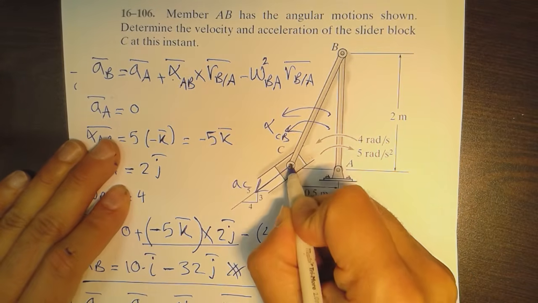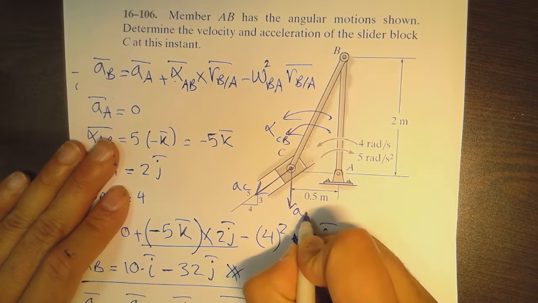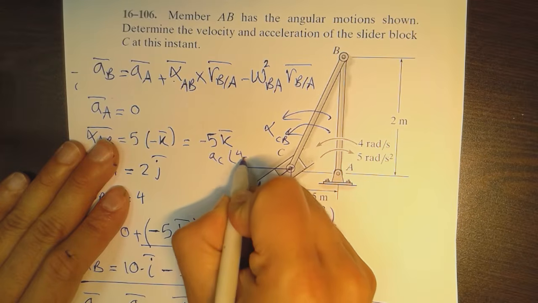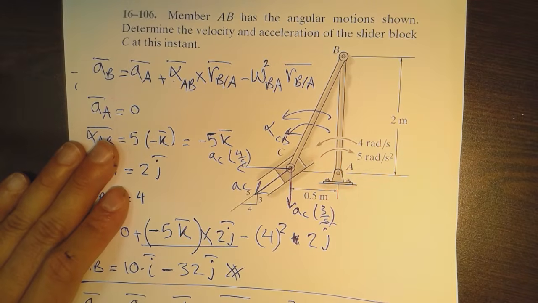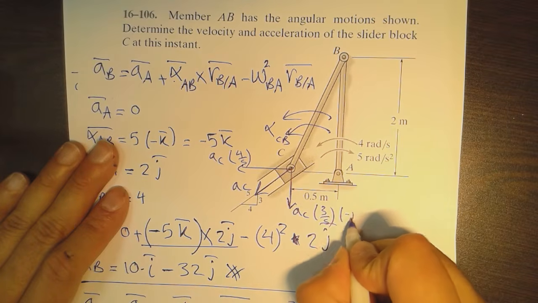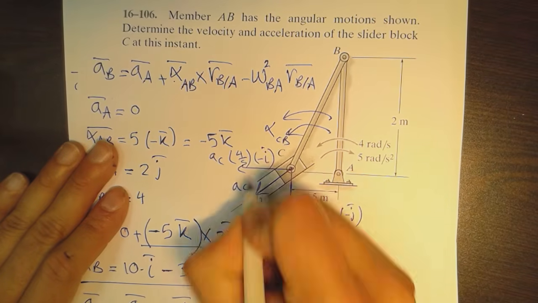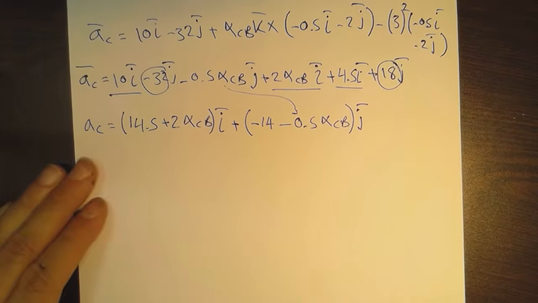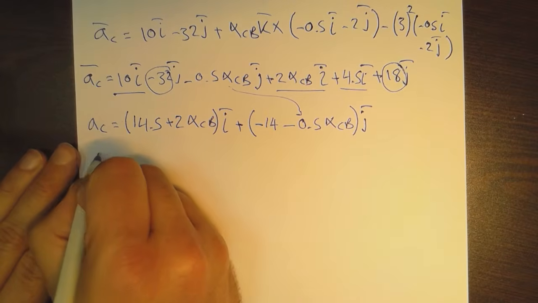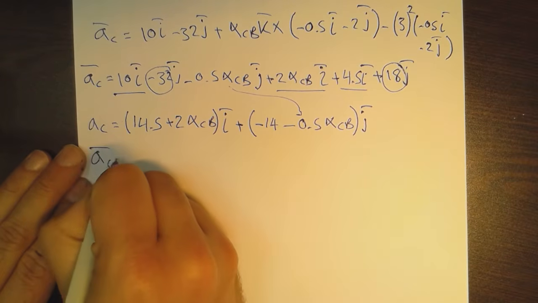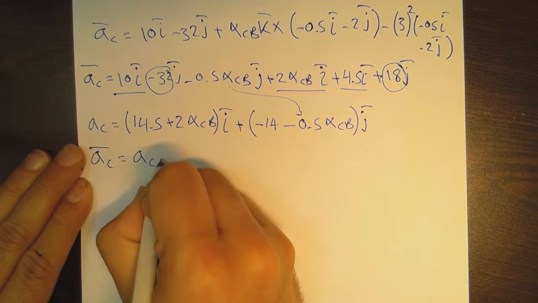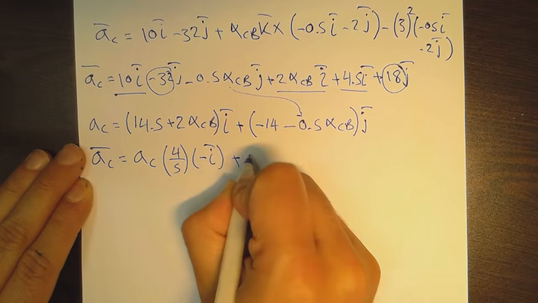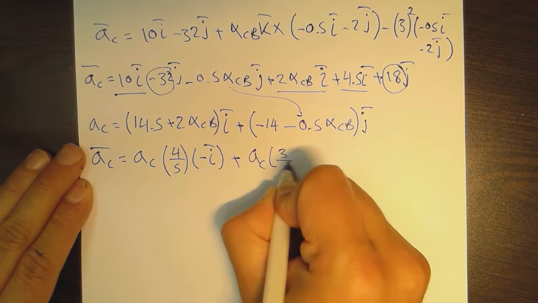It has this component, which is AC 3 over 5, and this is AC 4 over 5. Pretty straightforward. And we know that this is minus J, and this is minus I. So I'm going to write this down for the description of the vector form of AC originally. So AC here is equal to AC 4 over 5 minus I plus AC 3 over 5 minus J.